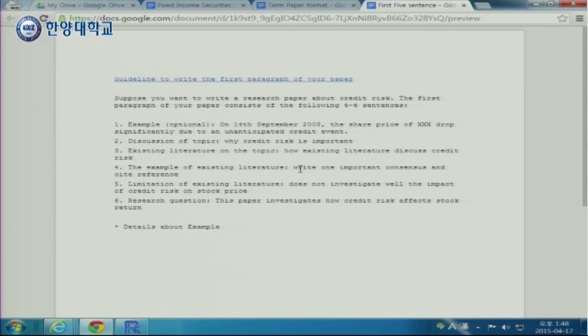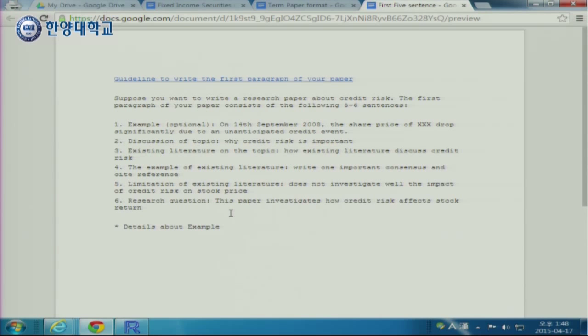Fourth sentence: for example, A and B 2006 discussed this credit risk in detail. Fifth sentence: however, existing literature does not investigate the impact of credit risk on the stock market. Final sentence: therefore, this paper investigates how credit risk affects the stock market.